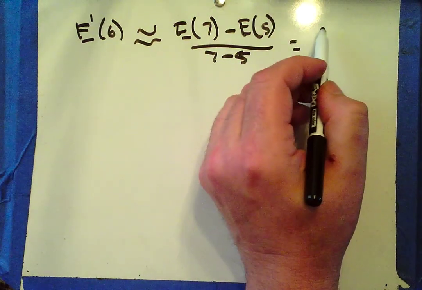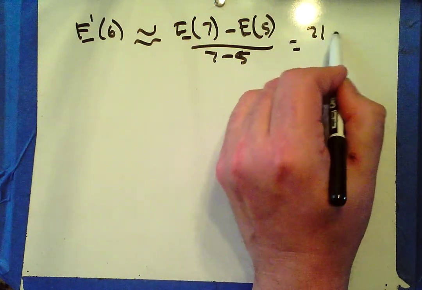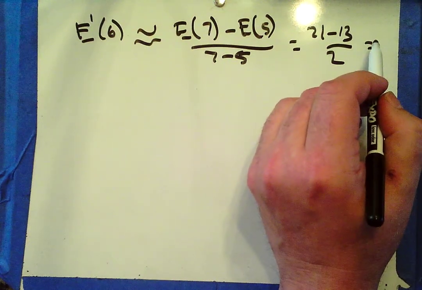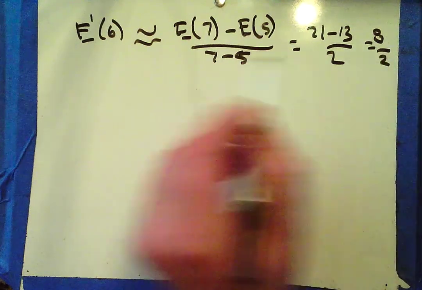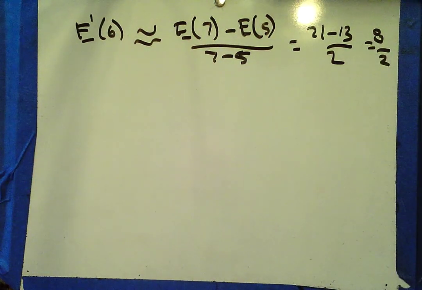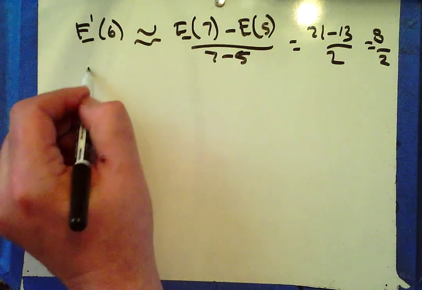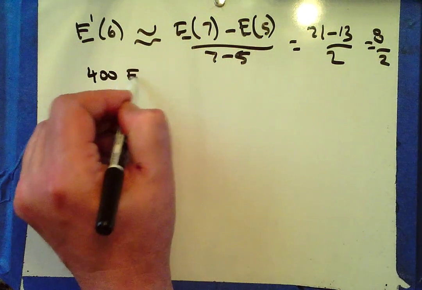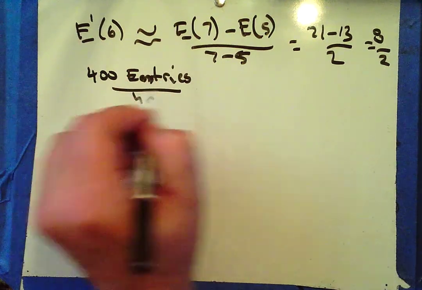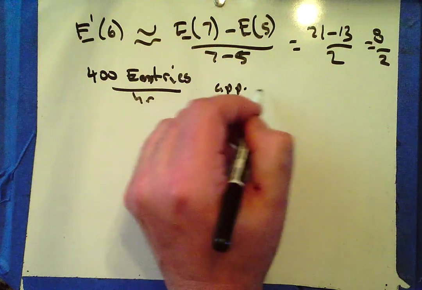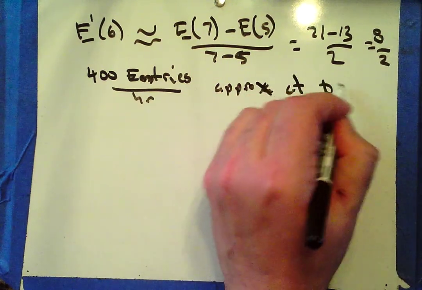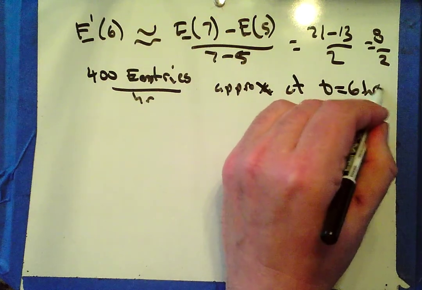And so I end up with 21 minus 13 over 2, which is 8 over 2, and this is 4. But remember they told us this was in hundreds of entries per hour. So 400 entries per hour approximately at t equal to 6 hours.